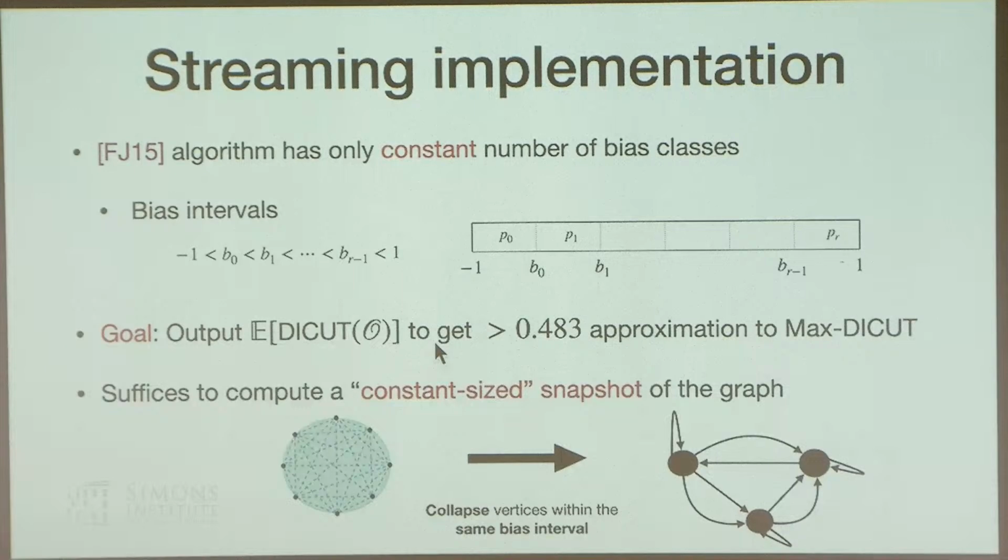Okay. And isn't it possible, since this is a streaming model, you just output once you've determined which side the vertex in the cut is? That's a good point, but as I said, you cannot store the biases of all the vertices.